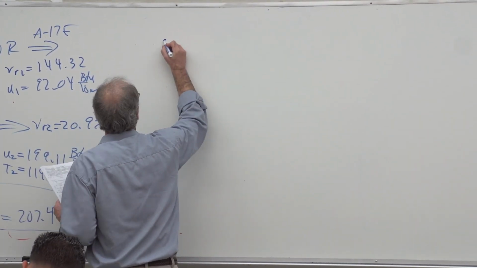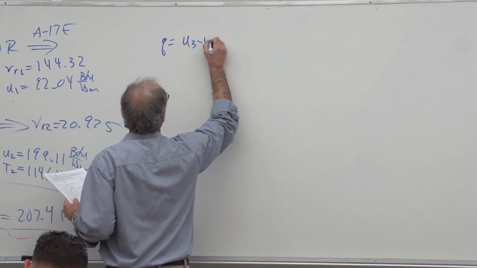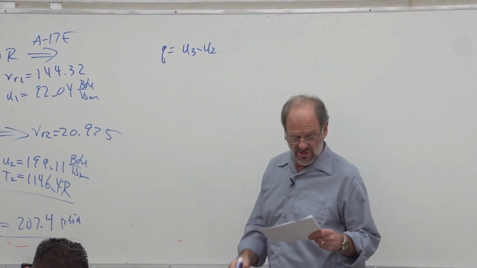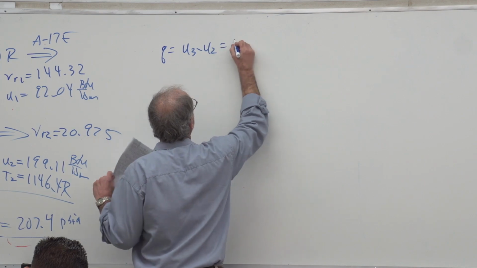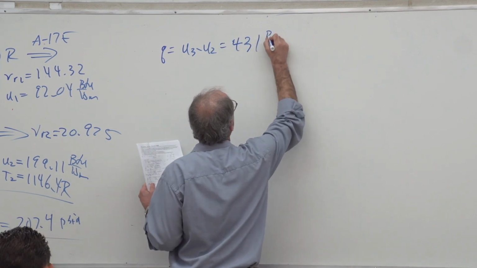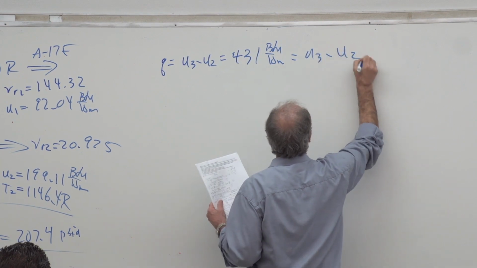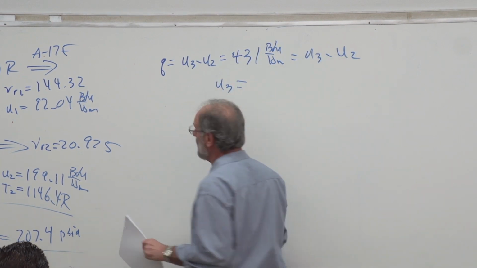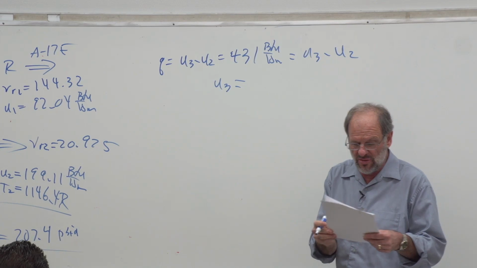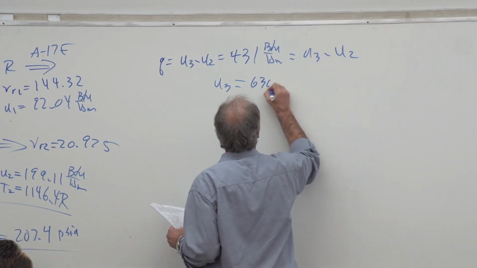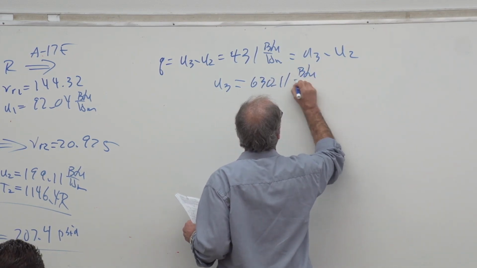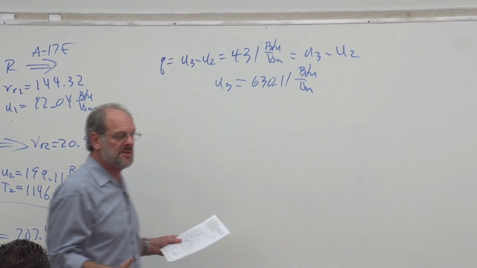And here we would note that the heat input is just U3 minus U2, and that's given as 431 BTUs per pound. So we have U2 from above, so we get U3 as 630.11 BTUs per pound.